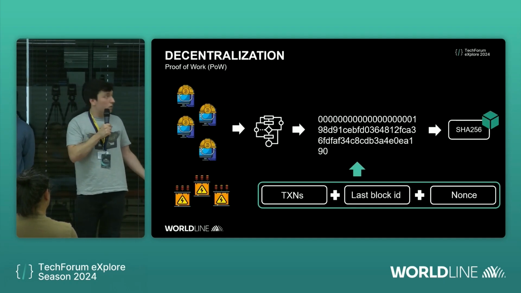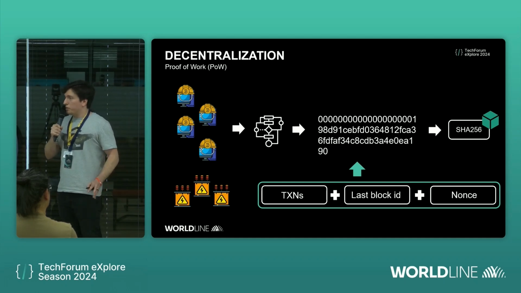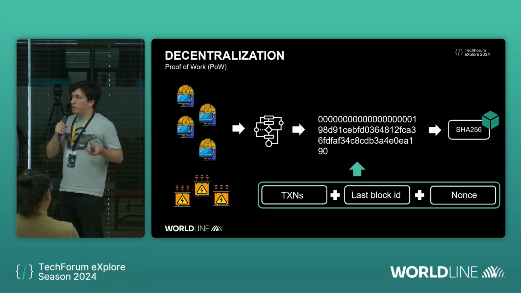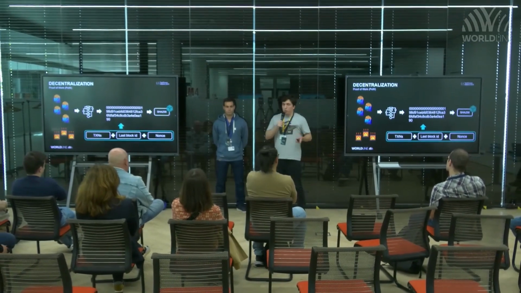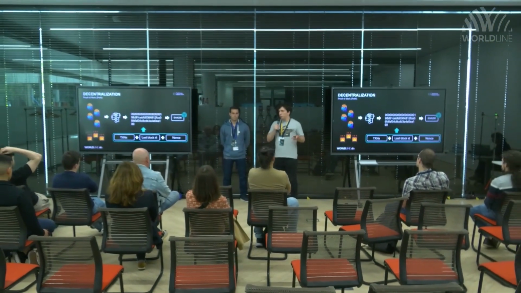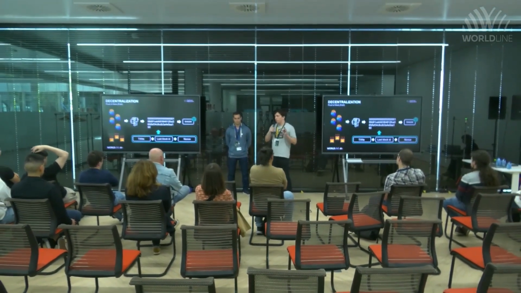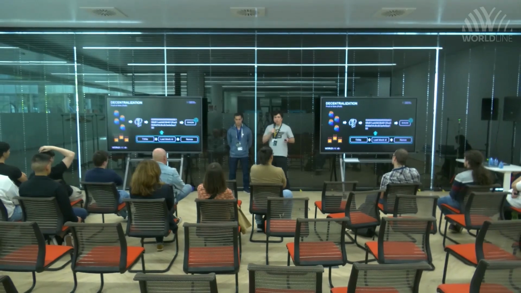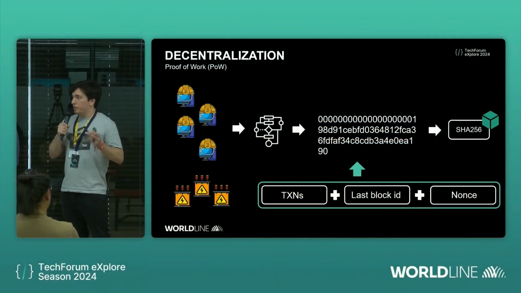In the proof of work algorithm paradigm, a set of miners compete to find the new hash ID for the new block that will be added to the chain. The network will set a set of conditions that this new hash ID needs to comply with, and then the miners will iterate over a specific field in the header to find a new hash ID that adheres to these conditions that the network set.